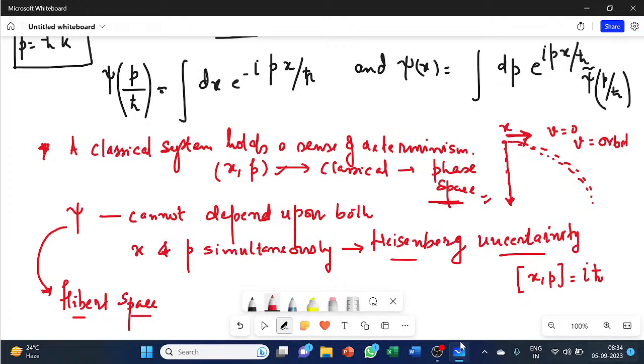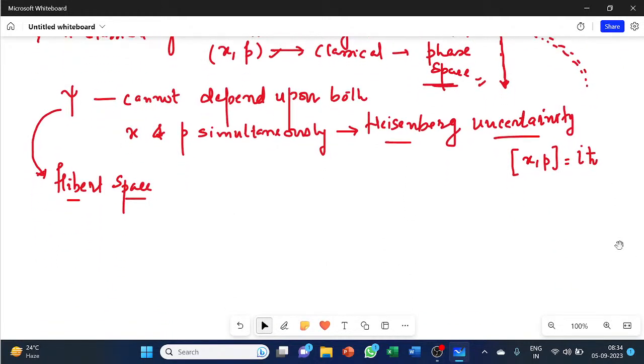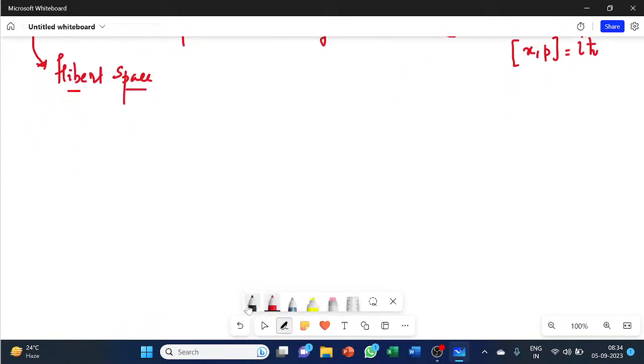Okay. Now, having said all these things, let us start directly with the time-independent Schrodinger equation, as I stated. Now, the question arises: what is the physical representation of psi? I have already stated that it represents the state of the quantum mechanical system.